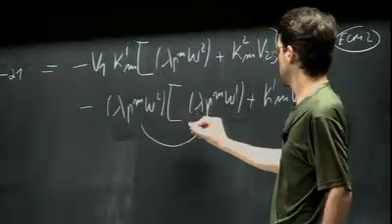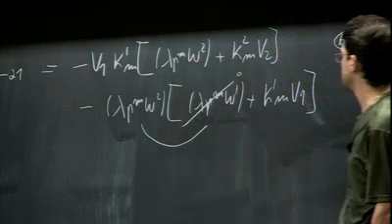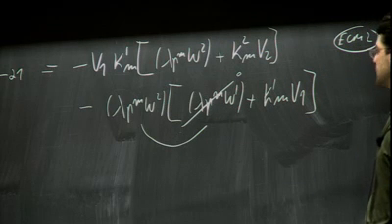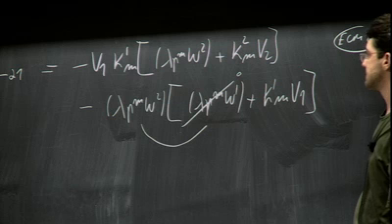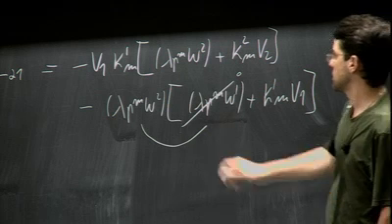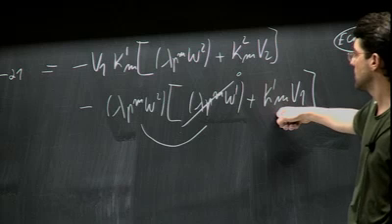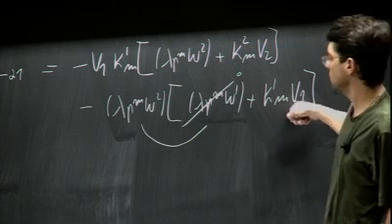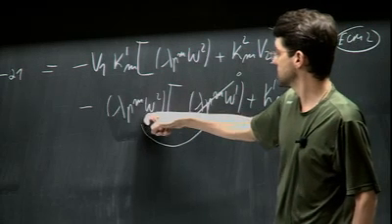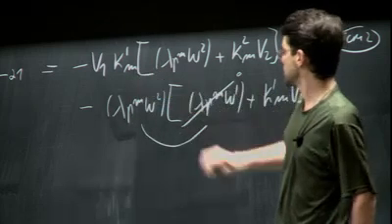And this guy cancels this one. Why? Because V1 anti-commutes with W2 because they are fermionic.